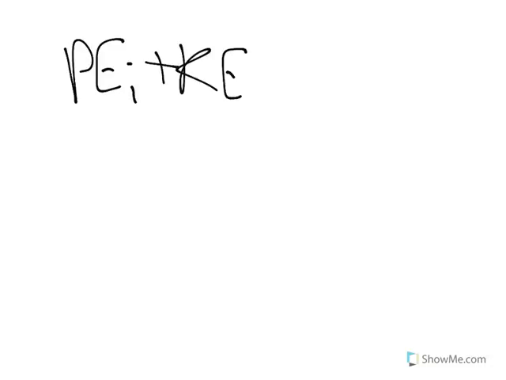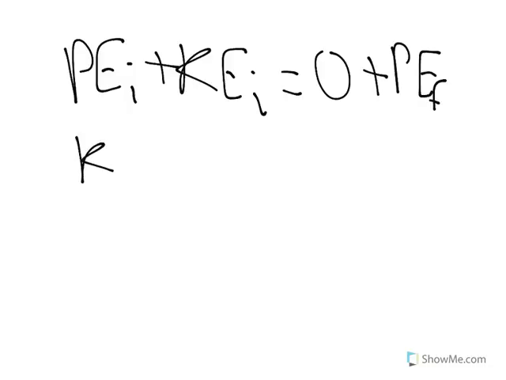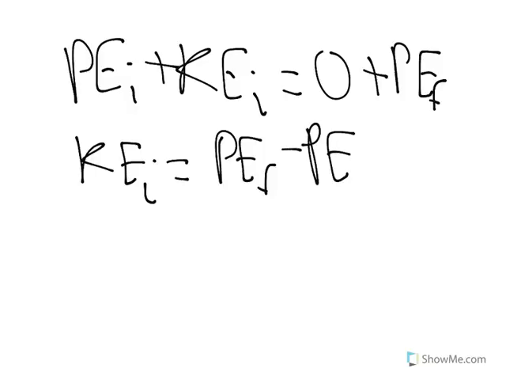So now, let's go back to our original equation. Potential energy initial plus kinetic energy initial equals kinetic energy final, which is 0, plus potential energy final. So let's see how we can manipulate that. Let's get kinetic energy on its own. Kinetic energy initial is potential energy final minus potential energy initial. Now what does this look like?